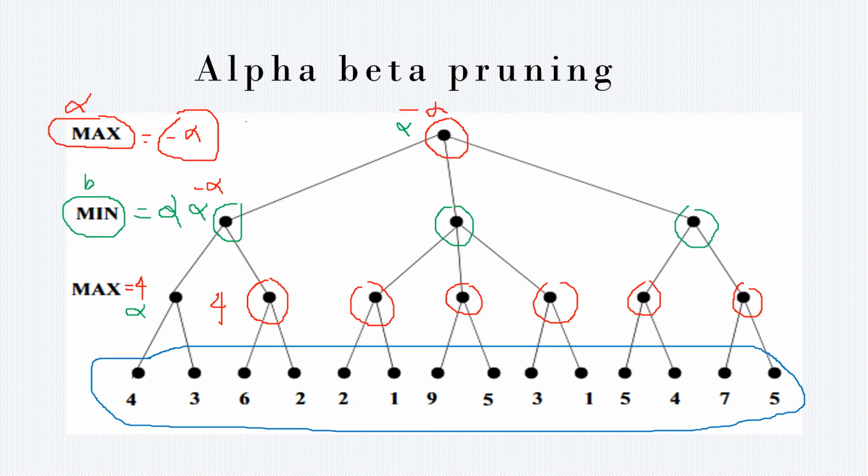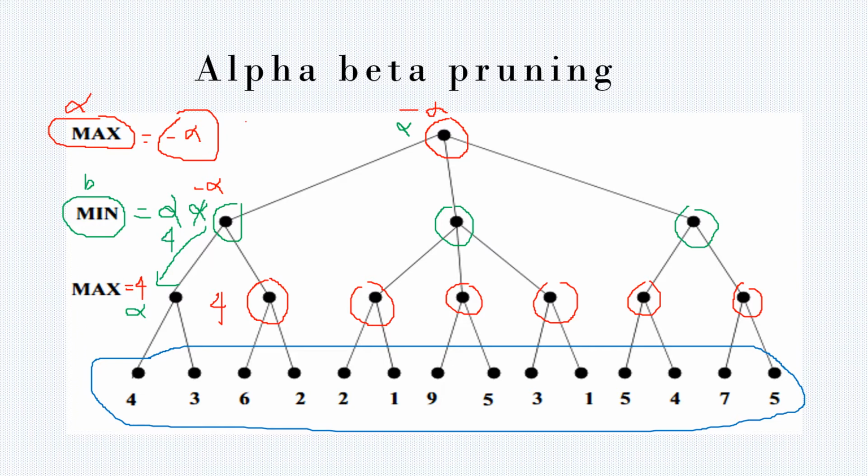Now at the top of this node we have Min, so Min has to look at this node, which is equal to 4. Min will compare the value of this node with the value which it has already, which is positive infinity, so 4 is less than positive infinity, so Min here will adopt a value equal to 4.